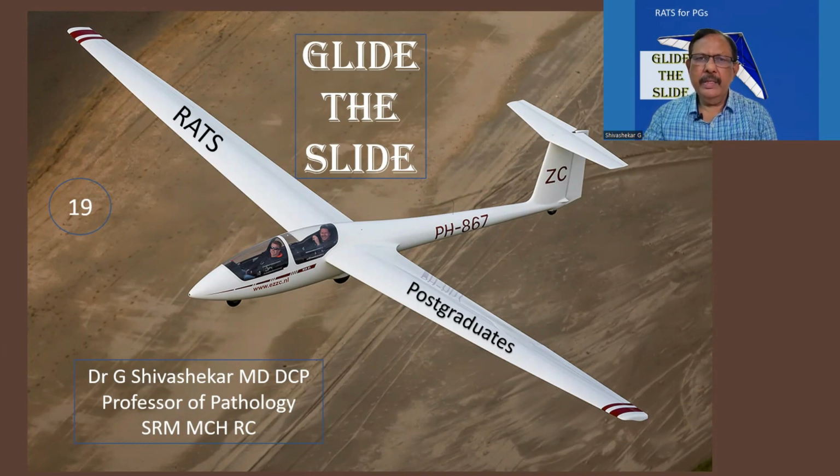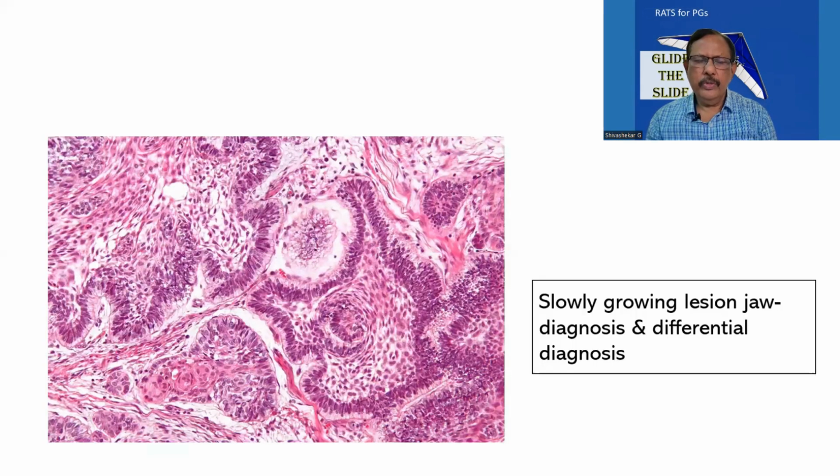In the last class, I had given you a history. We would see what the history is and the diagnosis. So, this was a slide that was put up, and the history was a slowly growing lesion of the jaw.